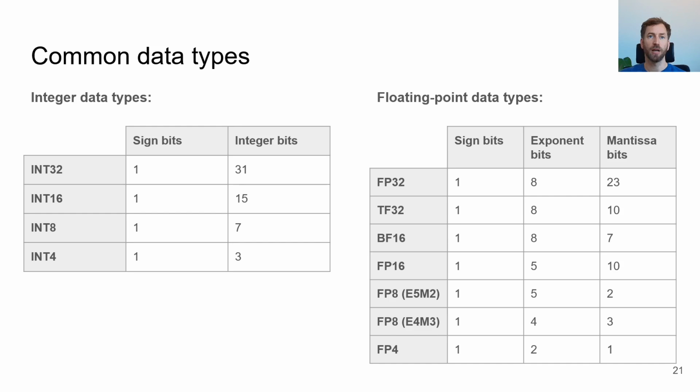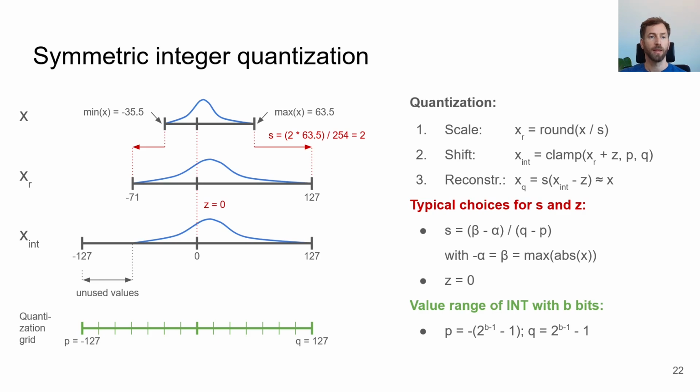Now let's have a look at how high precision data types are quantized to low precision. As an example, I want to showcase this on integer data types. At the very top, you can see a data distribution that we want to quantize to the target quantization grid, as shown in green at the very bottom.